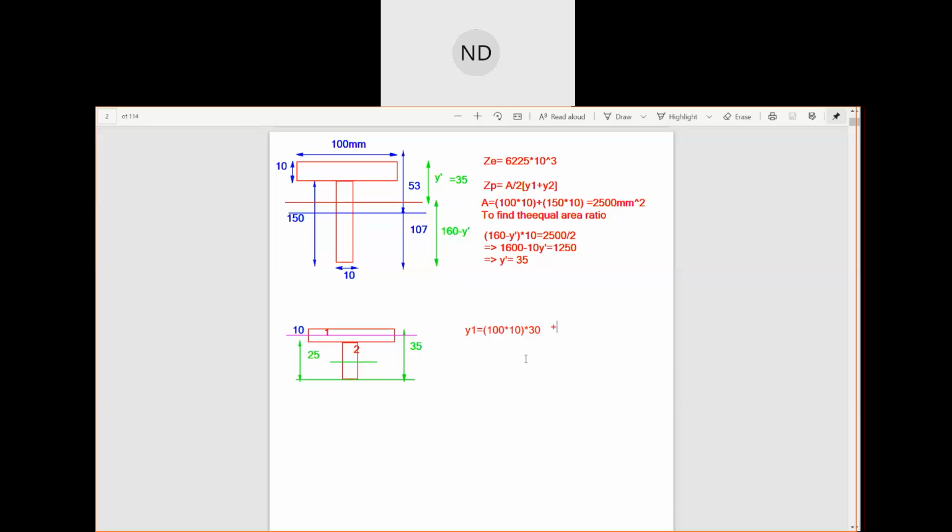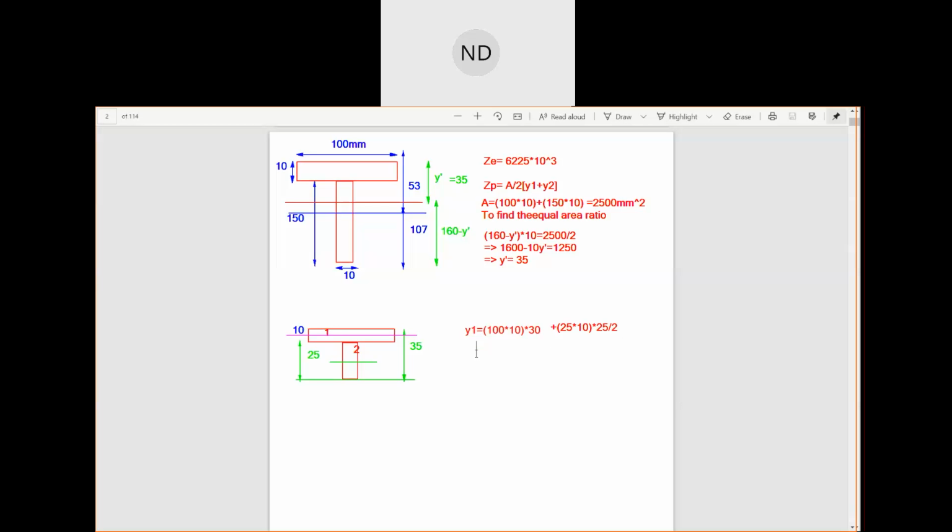This is 10, we know. So 25 into 10 into, will be how much? The CG of this small second rectangular member is half of 25, obviously, till the equality axis. So 25 divided by 2.